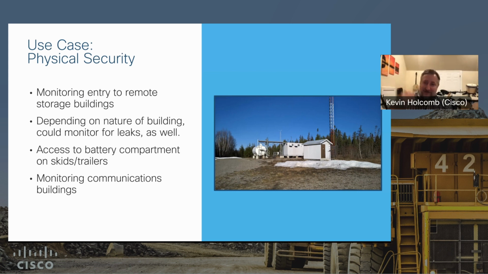Animals can come in, the weather can come in, so you could get notification of things like that happening. It could be access to battery compartments on skids or trailers. You could just do general door open, close, or occupancy. You want to know if somebody came into a building, maybe people are normally not supposed to be there. So those are just general physical security use cases.